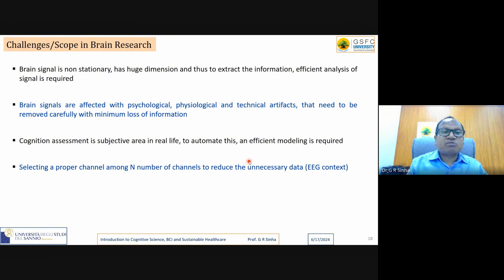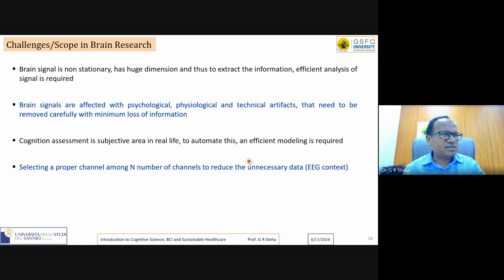And therefore, which particular channel, which particular feature, which part of the brain is important to understand in brain research. I have papers with my PhD scholar, published in IEEE Transactions and the IEEE Journal of Sensors.